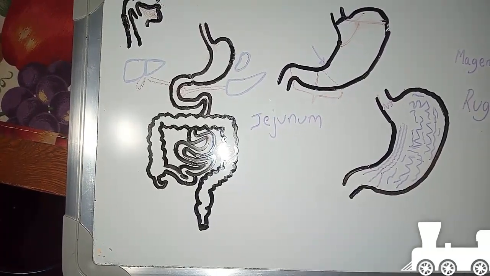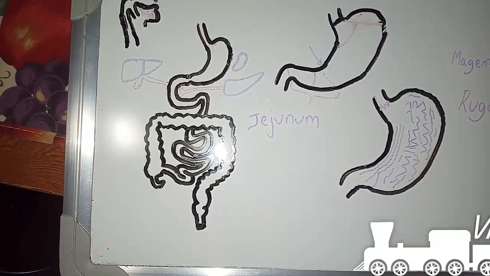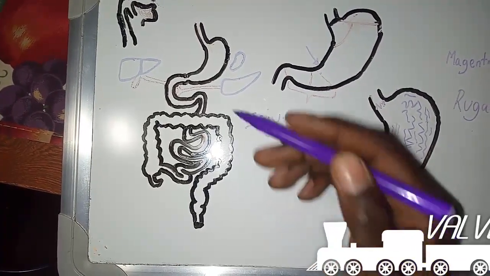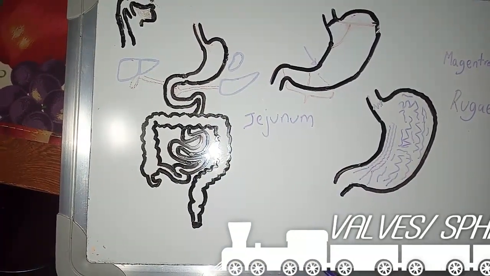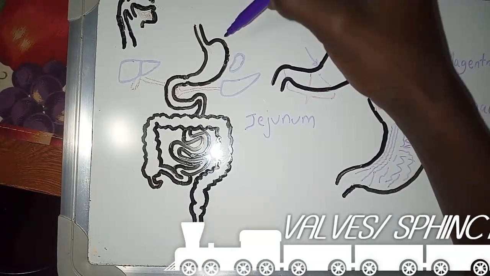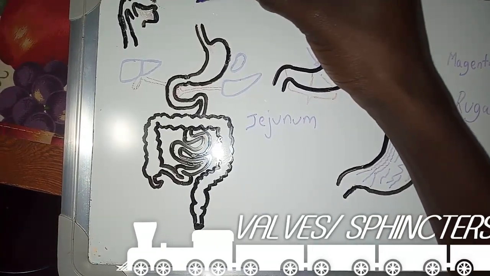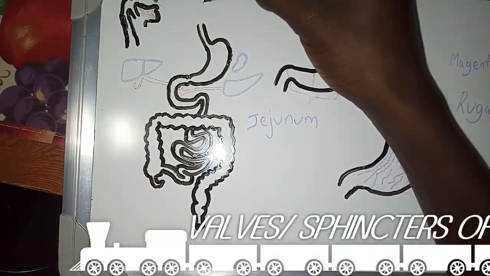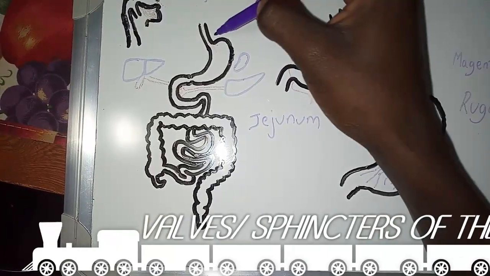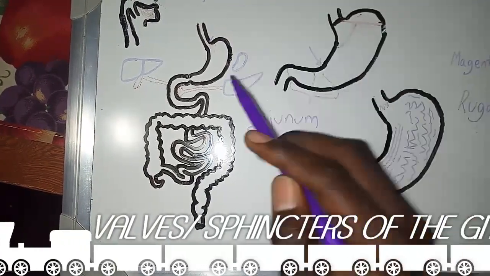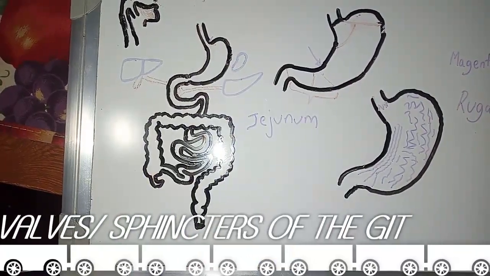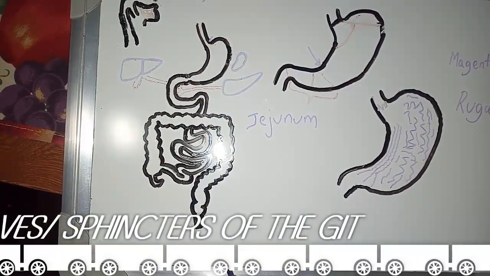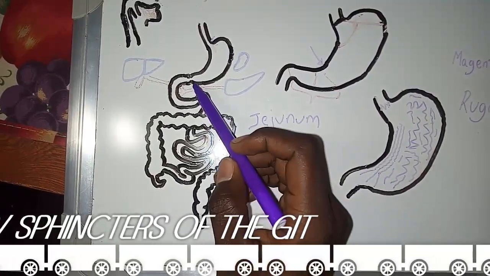The passage of food through the GIT is regulated by valves that are known as sphincters. These are located at different points along the GIT. The first of these is the upper esophageal sphincter, which is located at the superior aspect of the esophagus. We also have the lower esophageal sphincter, also known as the cardiac sphincter, which prevents reflux of food from the stomach.